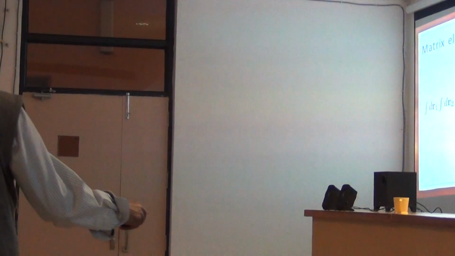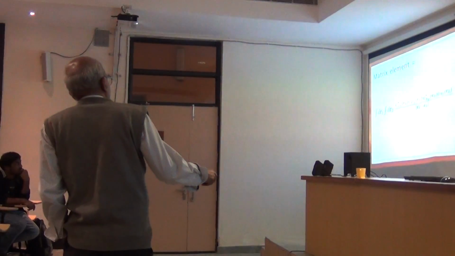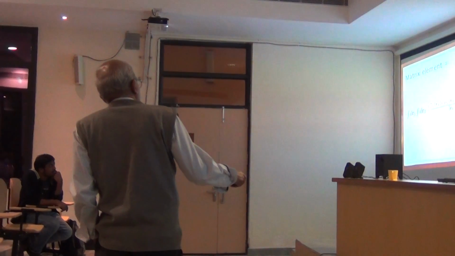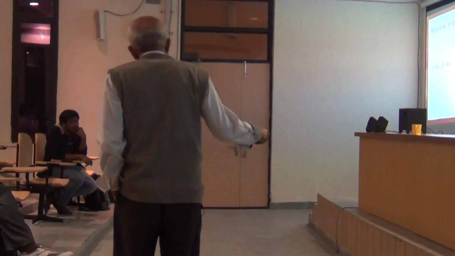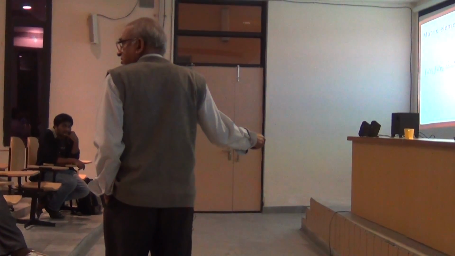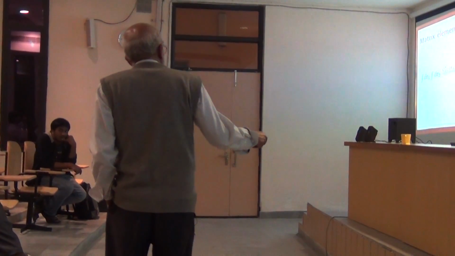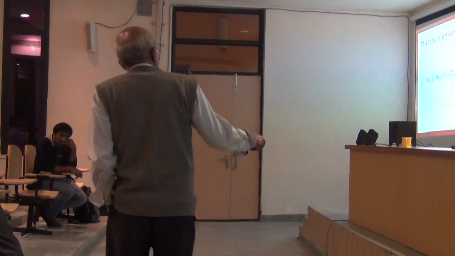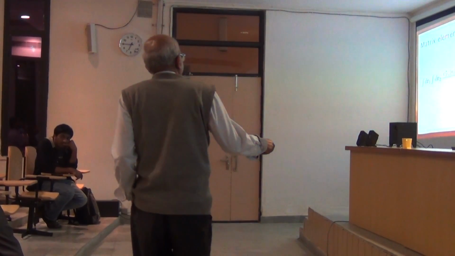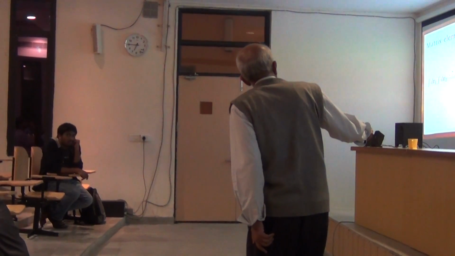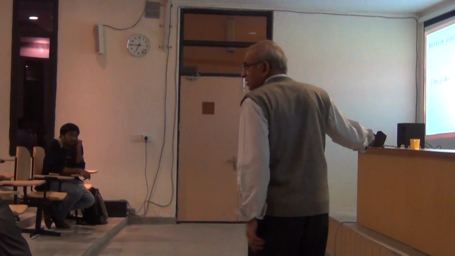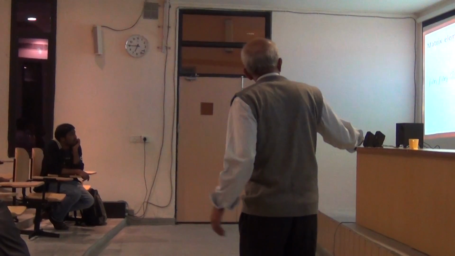So I would have an expression which looks something like this. I have 2 orbitals on the donor, which I have written in red color, and 2 orbitals on the acceptor. And then of course you have Coulombic interaction. As you all know, Coulombic interaction is between the 2 electrons, so naturally you will have the distance between the 2 electrons in the matrix element.